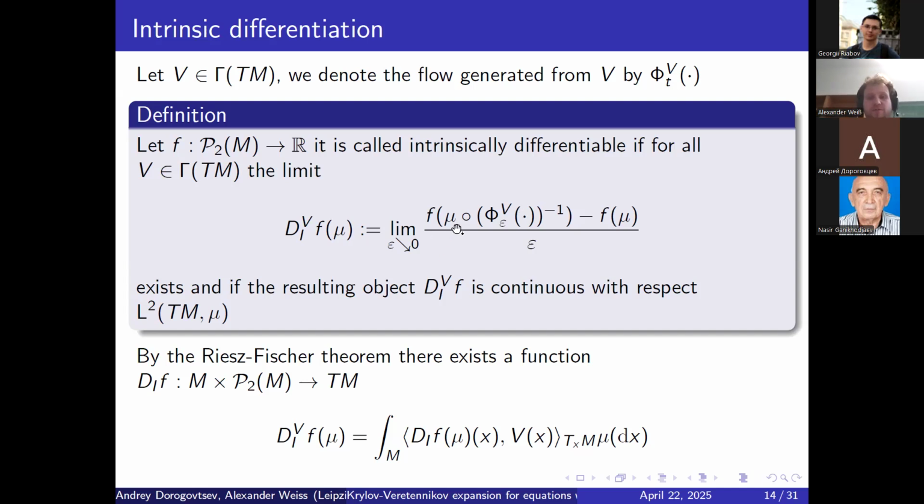We just look at the differential quotient of our function evaluated at mu pushed forward with respect to the flow at time epsilon, and then yeah, well, just the difference quotient of this entity.